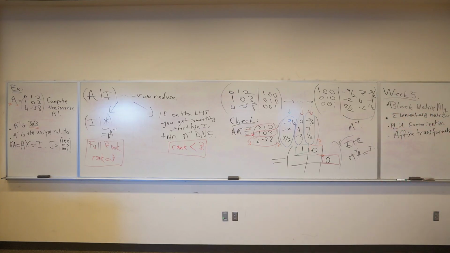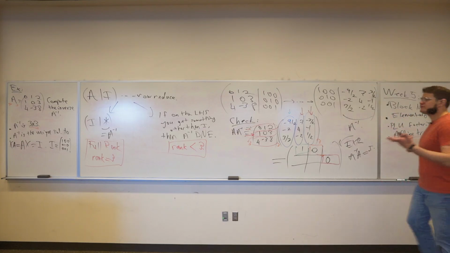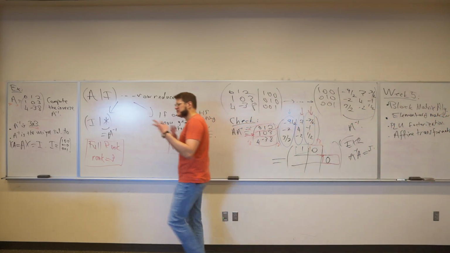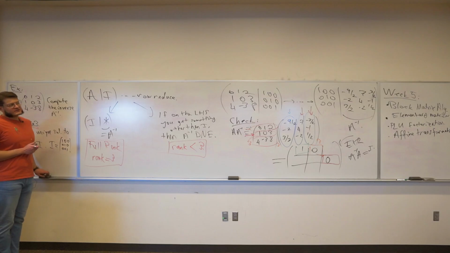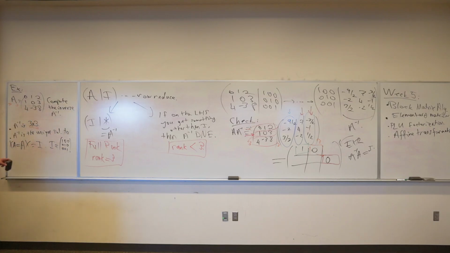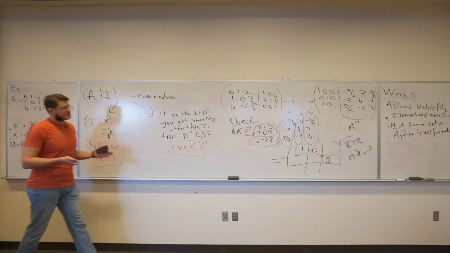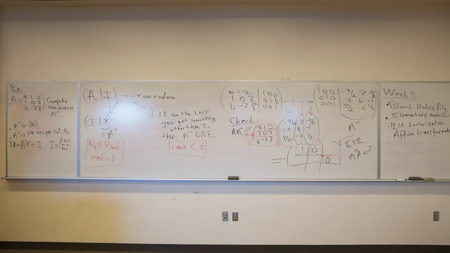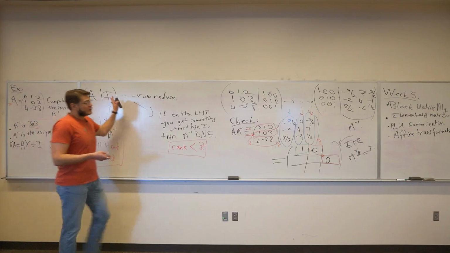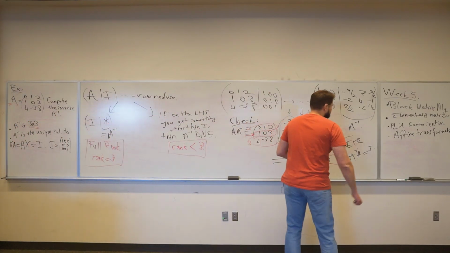In my estimation, it works better if you figure them out yourself. In the case of 2 by 2, there's a formula that is not that hard to keep in mind. You don't have to memorize it. I remember it, the formula for 2 by 2. If you don't remember it, you can again do this row reduction business.